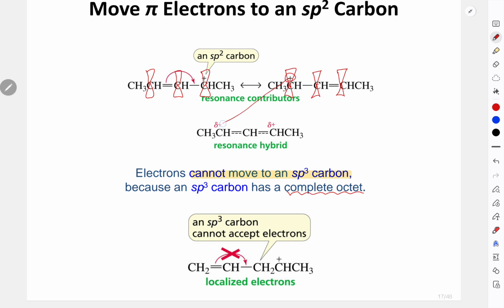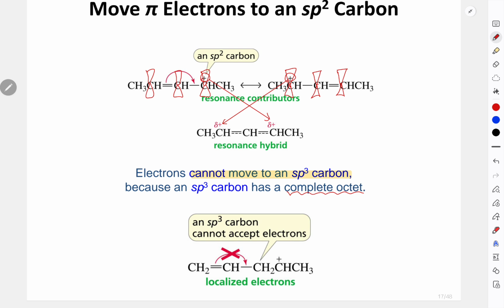And from resonance contributors 1 and 2, you know that there is a partial double bond character on the left-hand side. And from resonance 1 and 2, for the second and third carbon, you can also rationalize this bond as a partial double bond character.